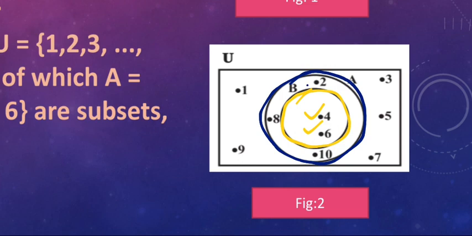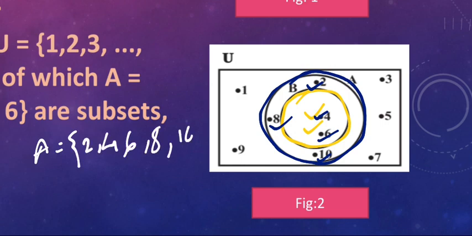So A contains 2, 4, 6, 8 and 10, and B contains only 4 and 6.